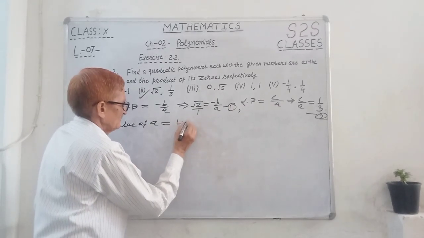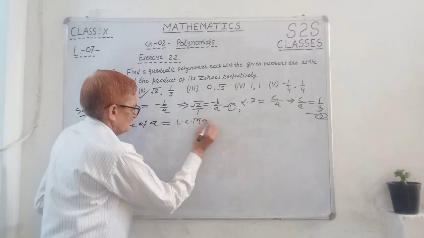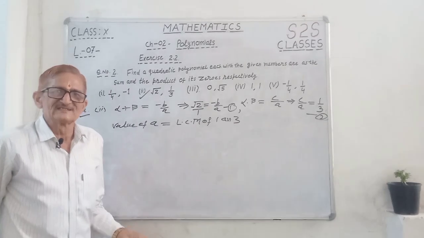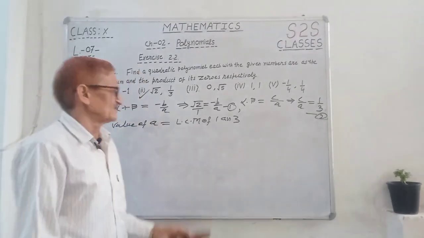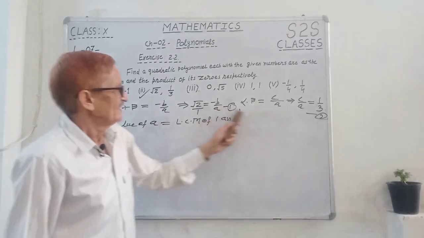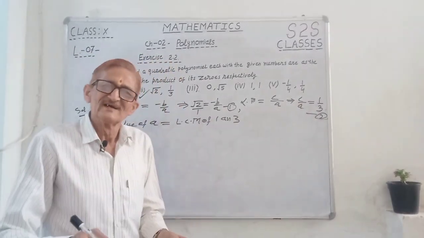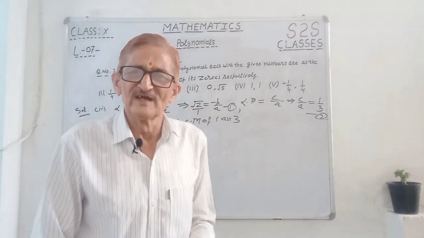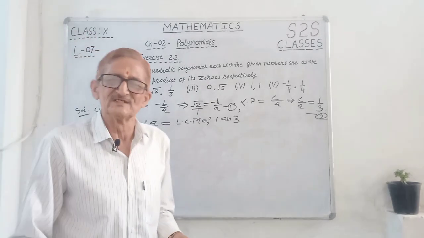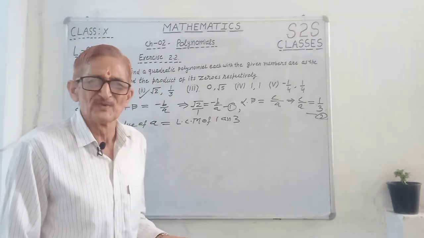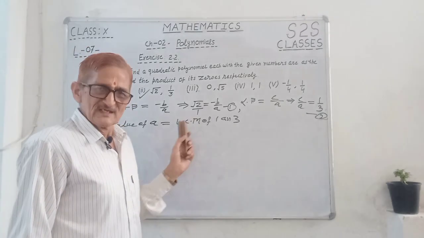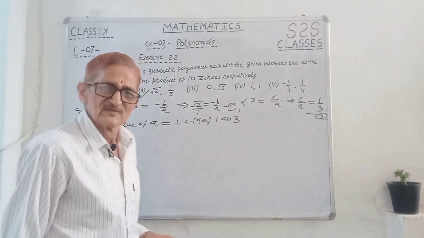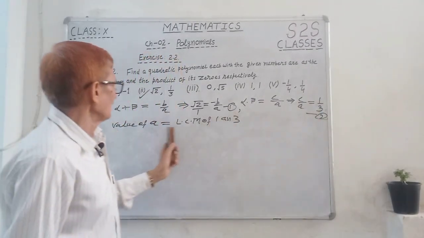Taking the LCM of 1 and 3, we can make them the same number. Why make them the same? Because minus b upon a equals the sum and c upon a equals the product, and a is the same in one question, because in one quadratic ax square plus bx plus c, a will be unique for that specific question. So for the question where this sum and product are given, minus b upon a and c upon a must have the same denominator. So here make the same, 3 and 1, that will be 3.